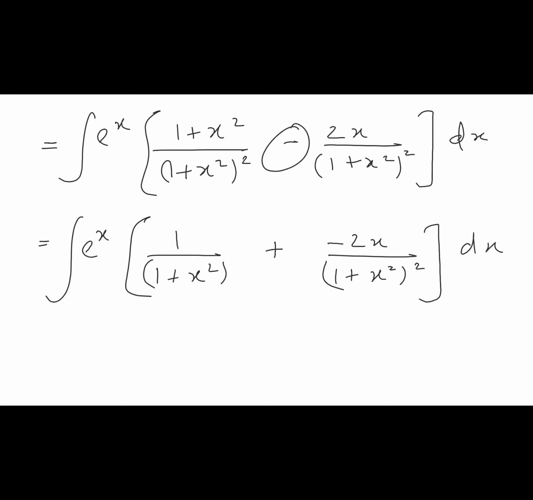I need a plus sign in between, so I shifted the minus sign over here and made plus over here. Now the first part is f of x and the second part is f dash x. So here I'll help you. Let us understand why the second part is f dash x, after splitting.